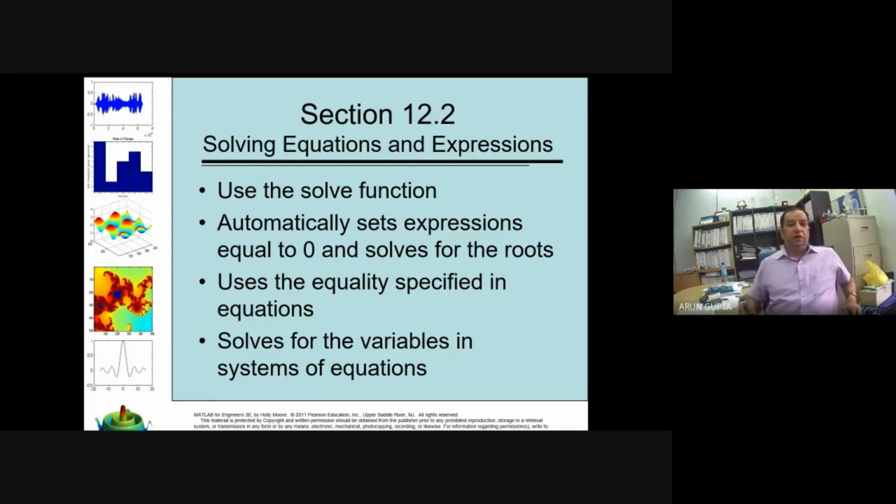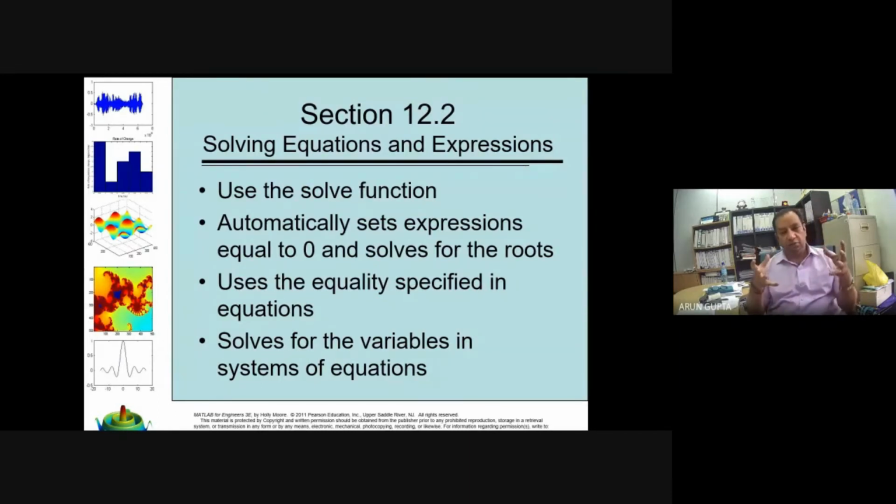Now we will learn another very important function which is called solve. All these terms are functions like sym2poly, poly2sym, expand, simplify, simple. These are the things we are going to use in symbolic. Solve is actually a very important one.